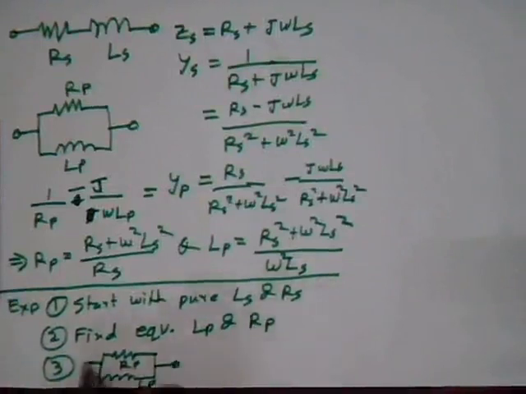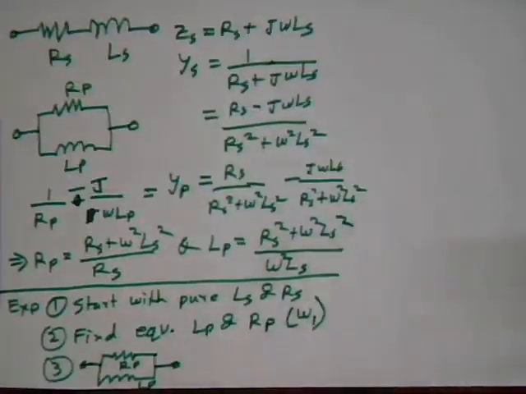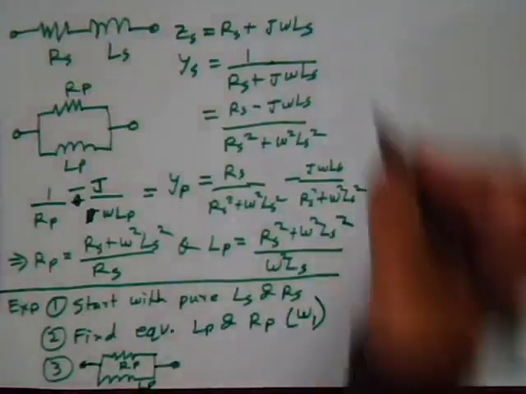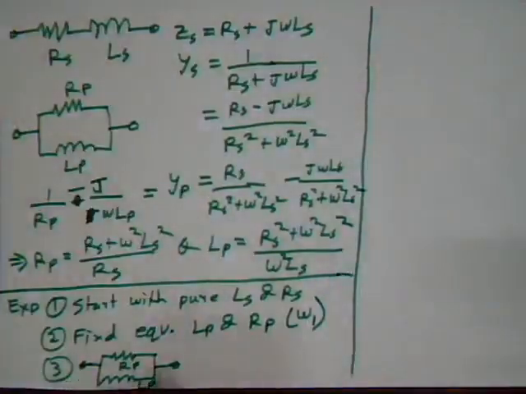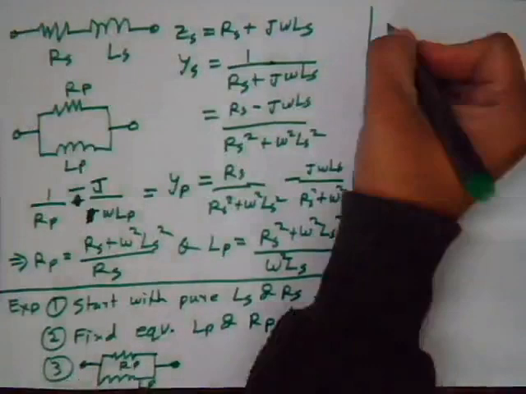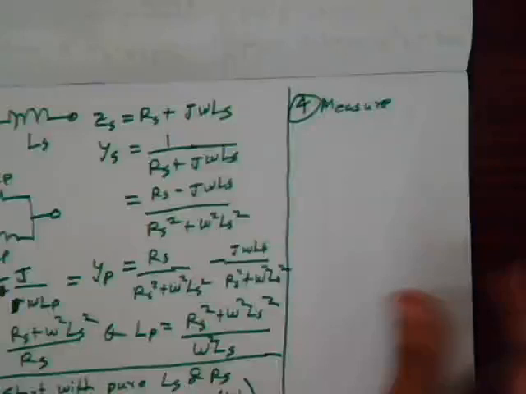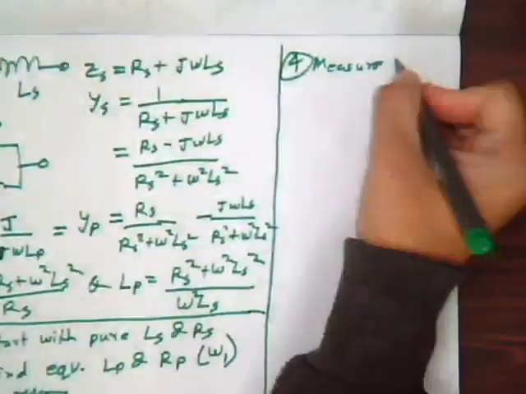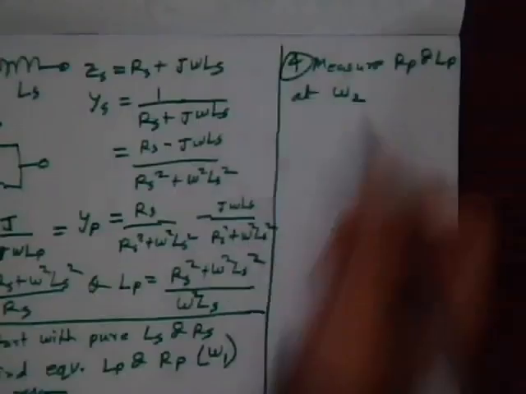I have computed these two for a particular frequency, say omega 1, and then I have made this circuit, and next I measure Rp and Lp at another frequency omega 2.